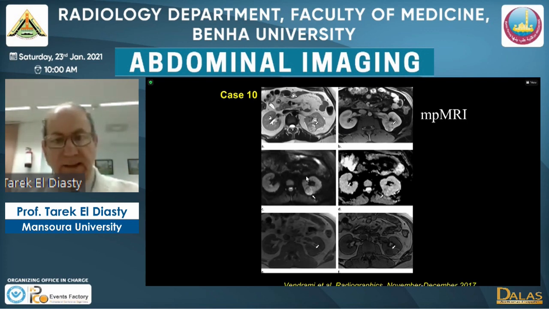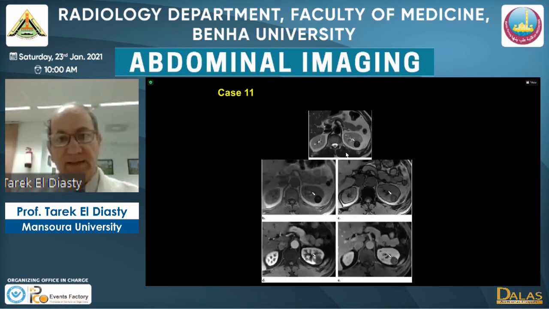The diffusion weighted image shows restricted diffusion and low ADC. On chemical shift imaging, it shows a minimal drop of signal in the out-of-phase image due to the intracellular lipid. So these are the characteristics of clear cell renal cell carcinoma.